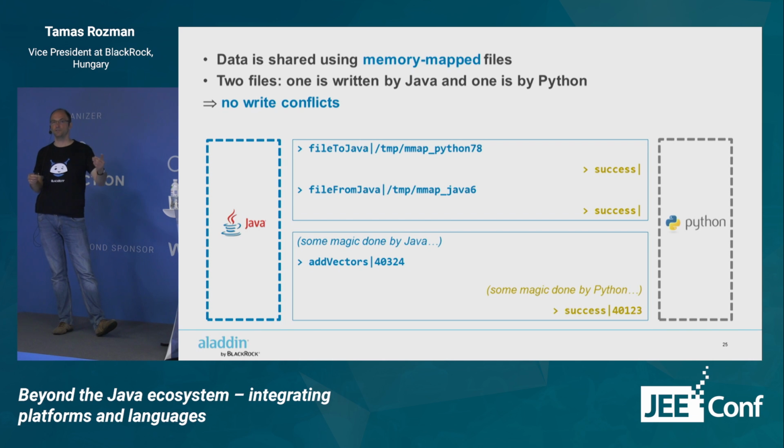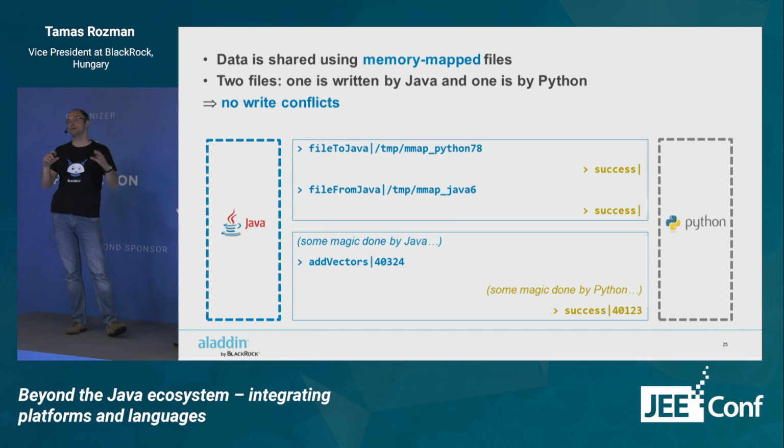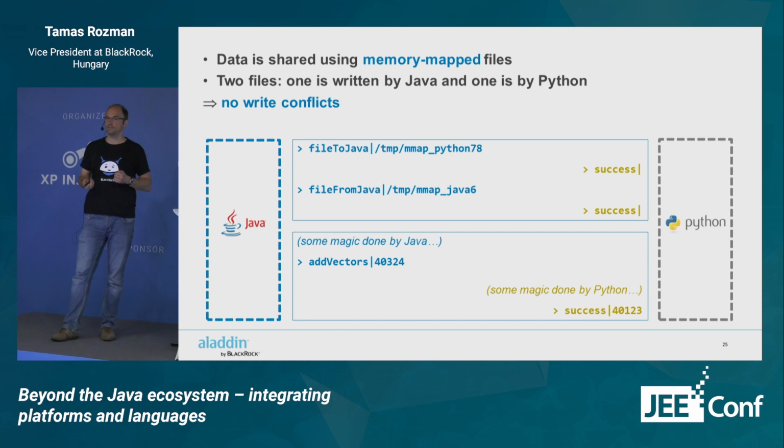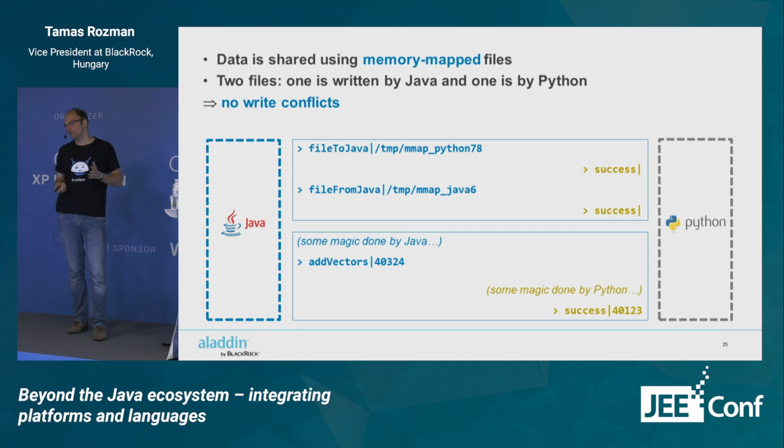So it would first look into the temporary file, the memory map file, read the numbers in binary format, add them together, and after that write the result into the other memory map file. It would return success on its standard output, and also the length of the binary serialized result.